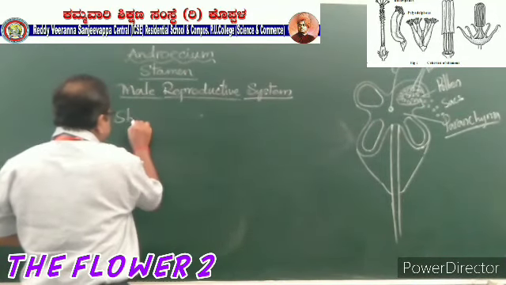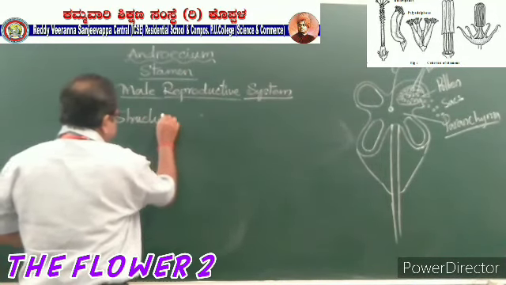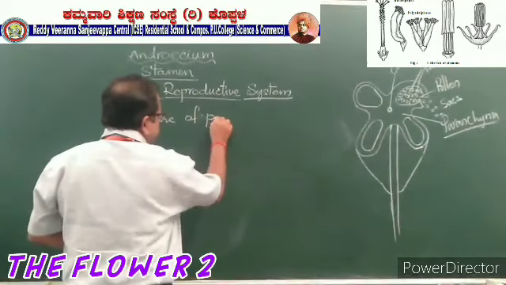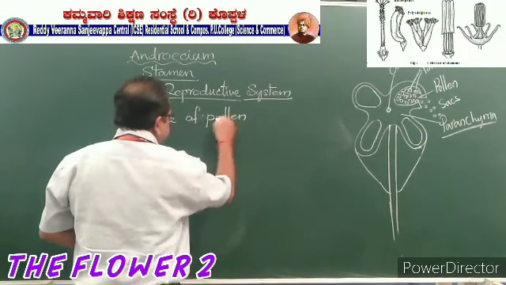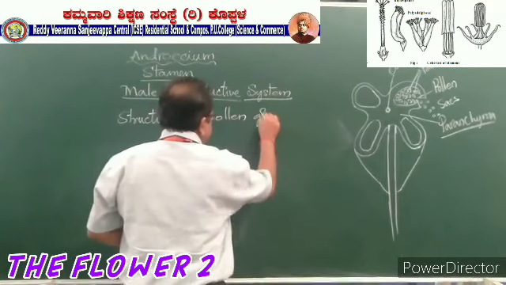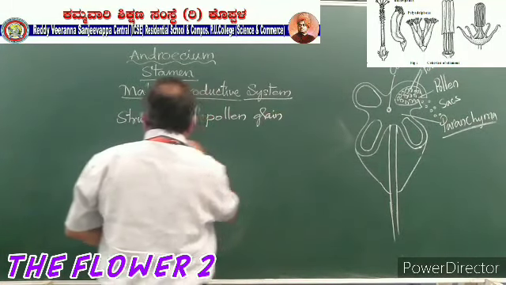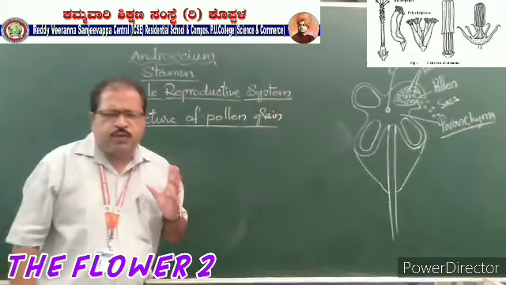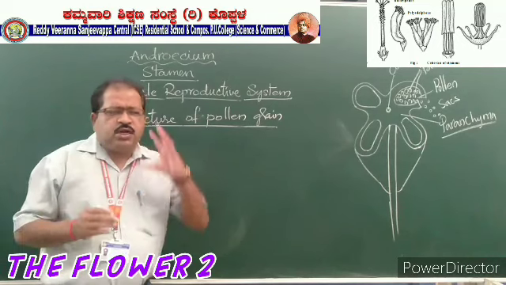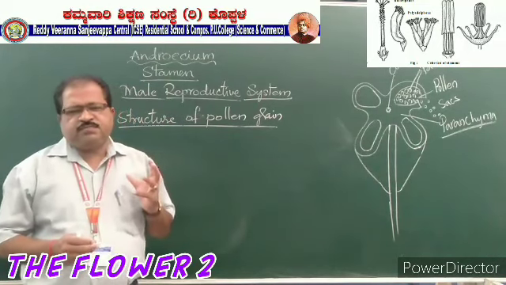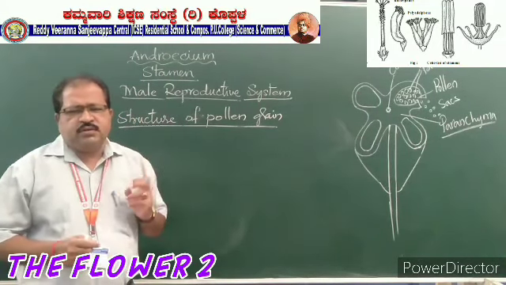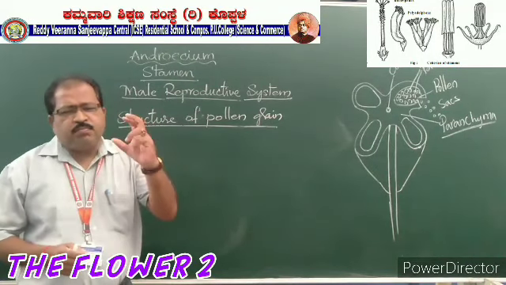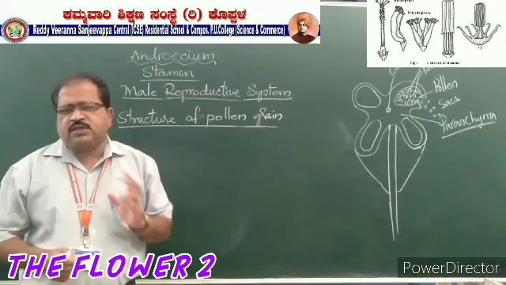Usually pollen grains are spherical, some are triangular, and in some cases rod-like structures are present.